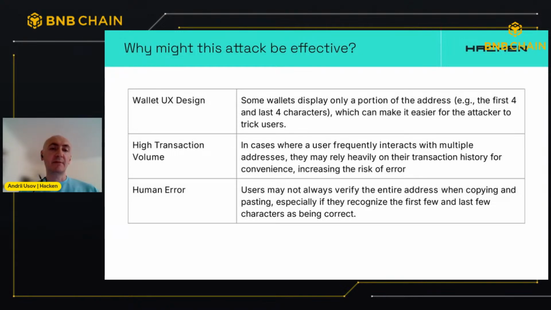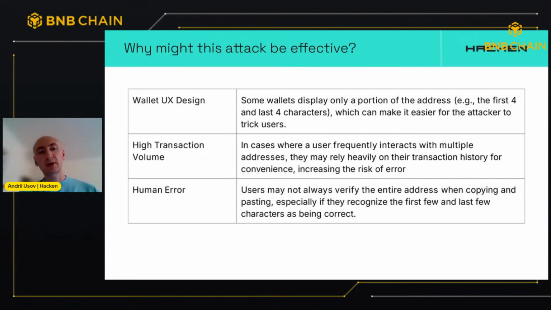Why can such an attack be effective? Just because, as we saw before on the screen, the Explorer or wallet makes a complex address shorter, to be more user-friendly and easy for a person to read.